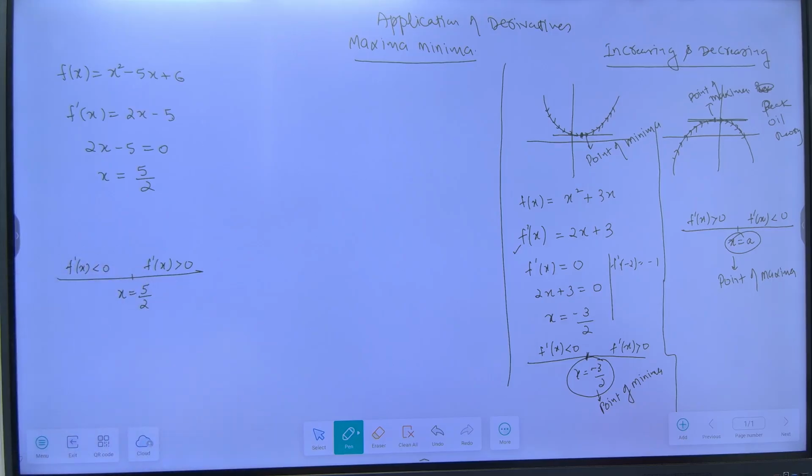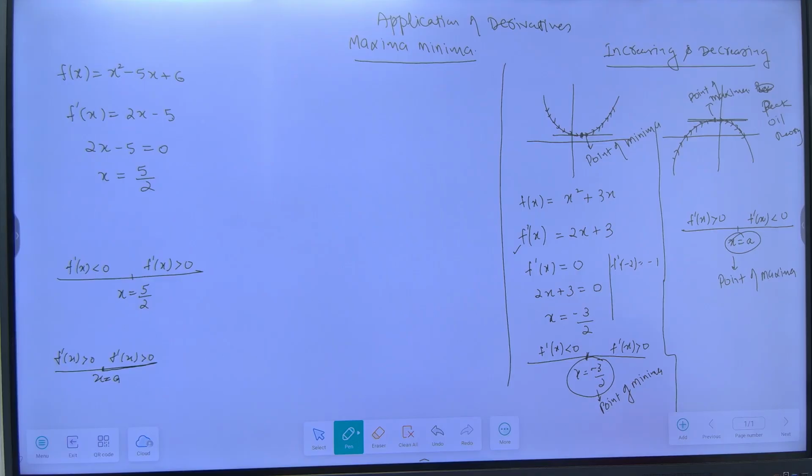Okay. So when it does not change its sign, to the left and right, then it is called point of inflection. If it does not change. For example, you have something like that: f dash x is greater than 0 and f dash x is greater than 0.